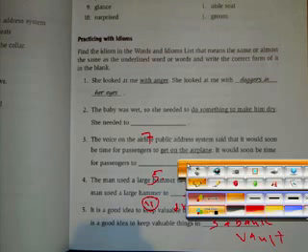A bank vault. Next, number 5 is the end of this exercise.